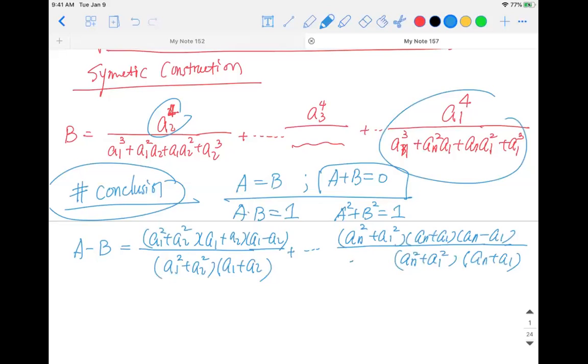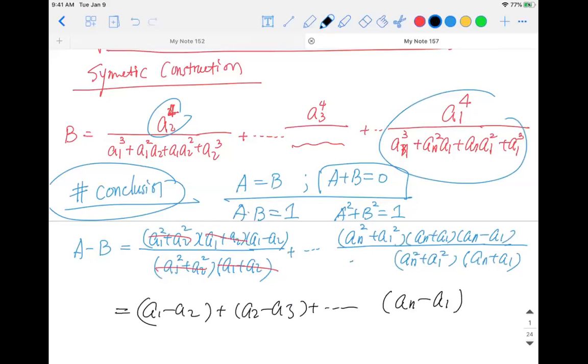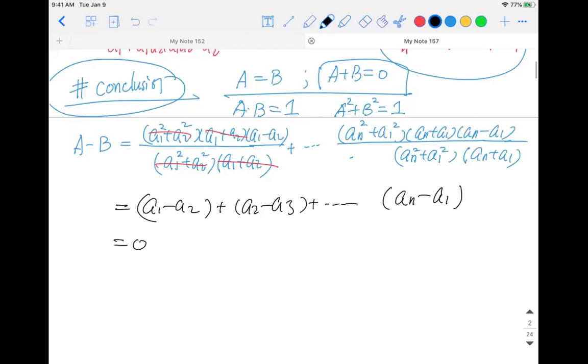Okay? This can be cancelled. This can be cancelled. So the first term you have a1 minus a2. The second one will be a2 minus a3, right? All the way to an minus a1. So that being said, A minus B equals 0.